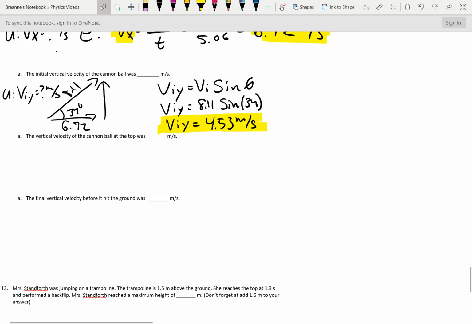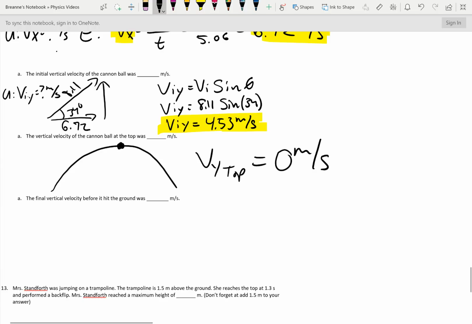So the vertical velocity of the cannonball at the very, very top, when it starts going down, is just 0. And the final vertical velocity before it hits the ground, remember that your initial and final are the same.